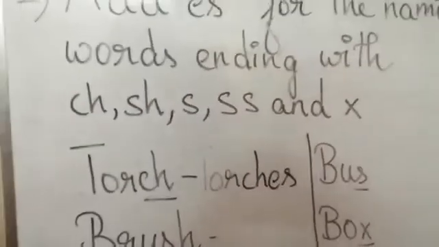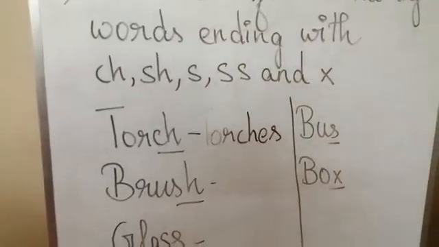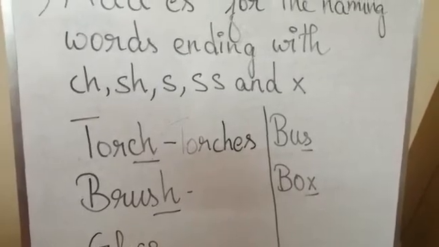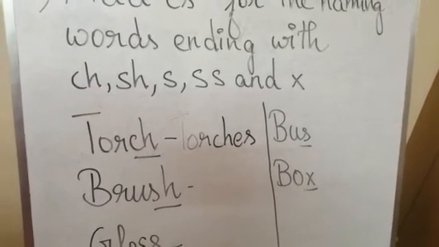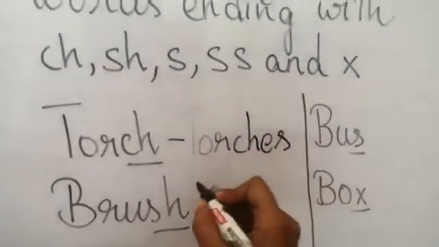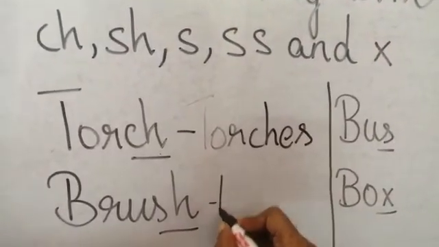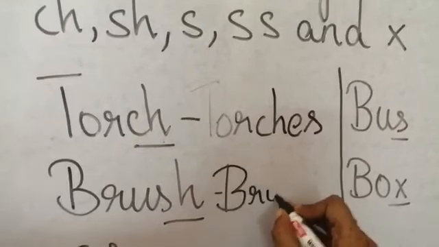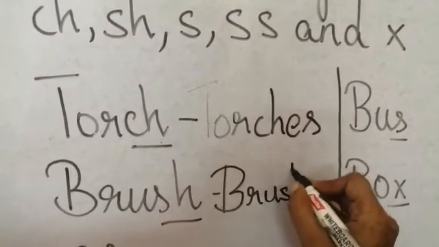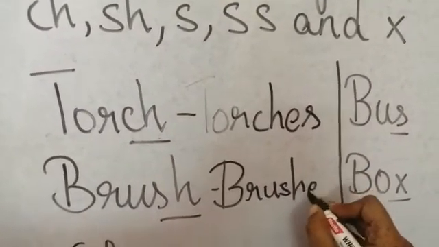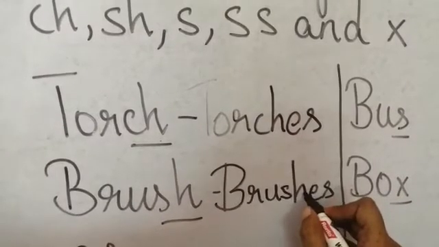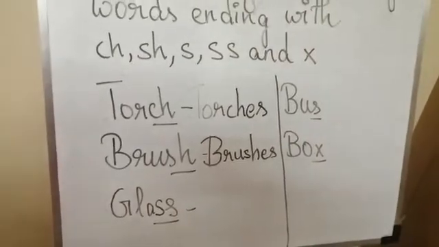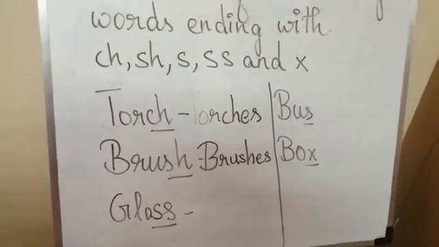Torches. Okay, now brush. This naming word also ends with sh, so you should add es. Brushes. Now see the third naming word, glass.